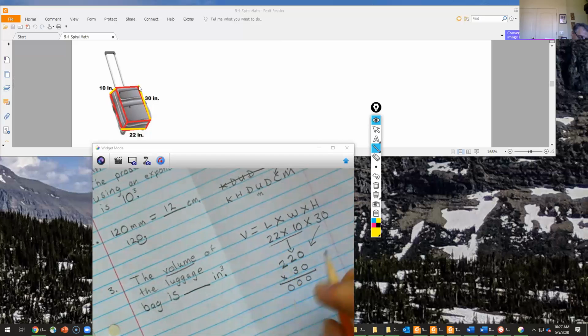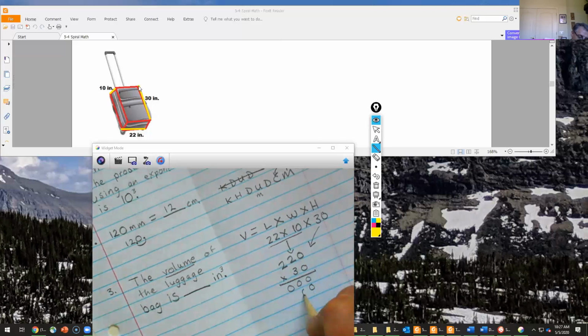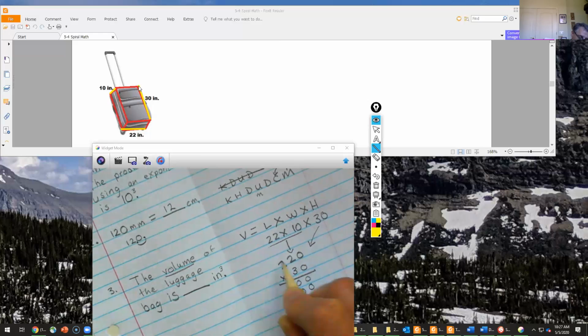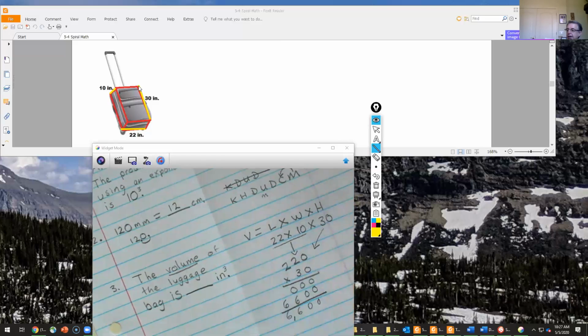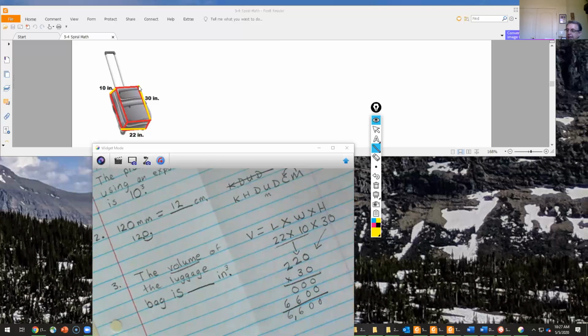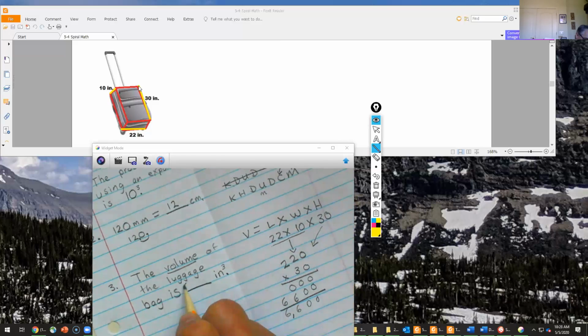I have a zero, and I'm going to drop another 0 in the ones place, and then I have 0 times 3 is 0, 2 times 3 is 6, 2 times 3 is 6 again. Then I'll add them up: 0, 0, 6, 6. I'll add a comma. So now I know the volume of my luggage bag is 6,600 cubic inches.